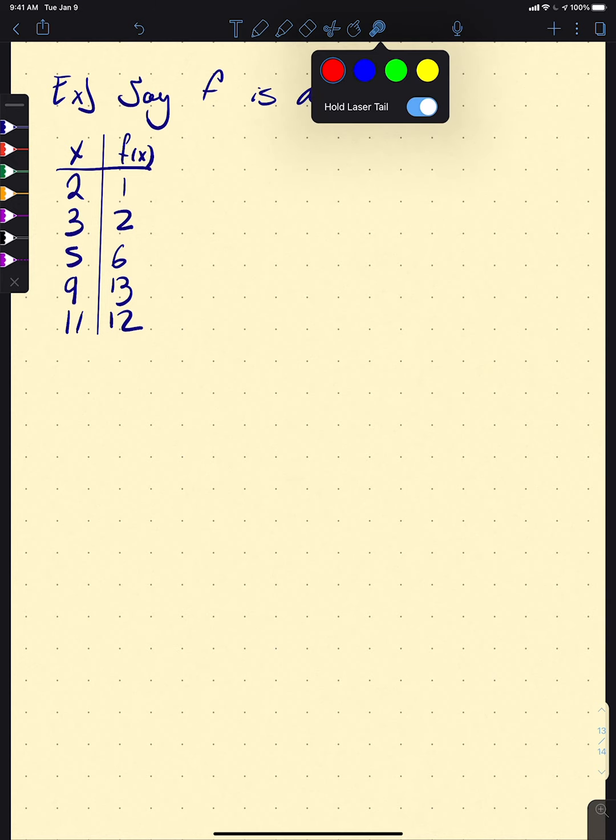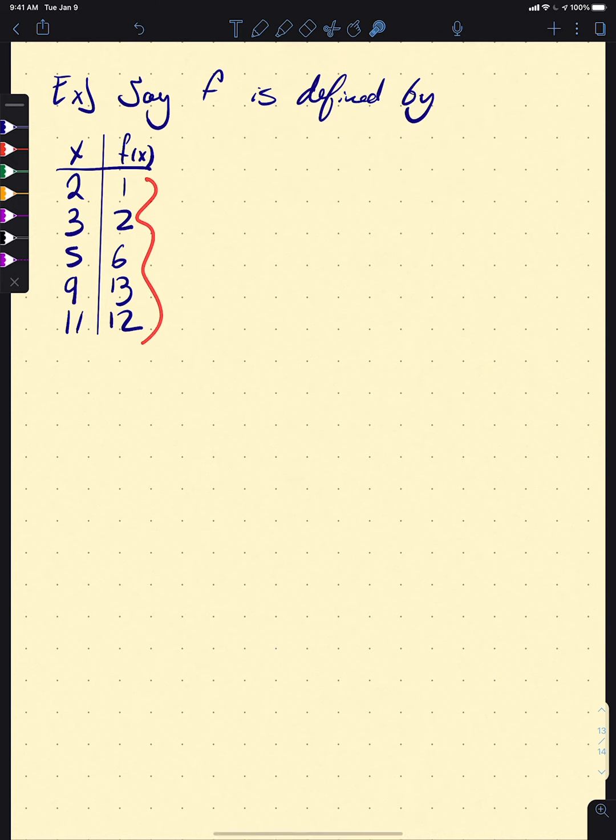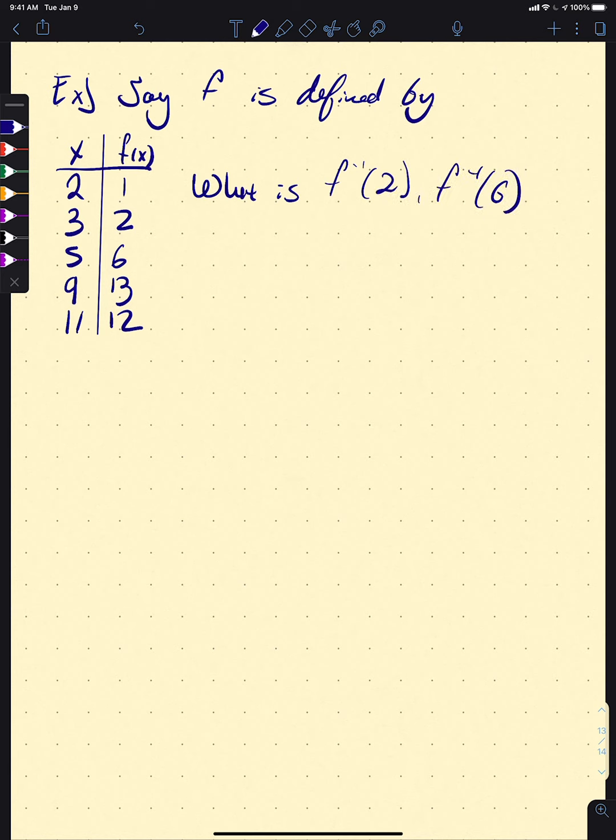If you notice, this is one-to-one, because there's no duplicates here. And we'll ask what is, say, the inverse at 2 and the inverse at 6. Well, to calculate the inverse at 2, we need to look at the range and see where we have 2, and then look at what maps to that.